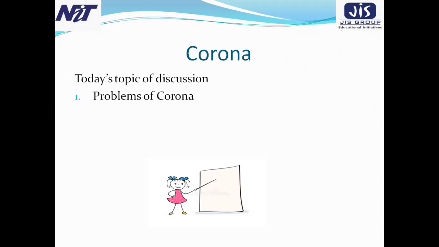With the help of the first and second lectures of power system corona formation, today we'll try to solve some problems of corona.